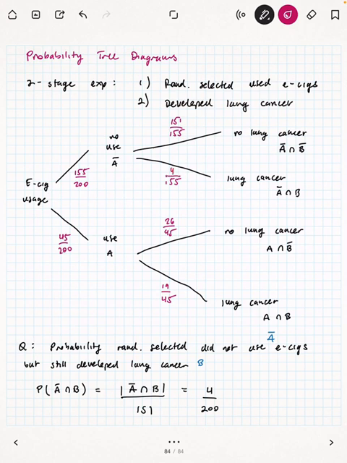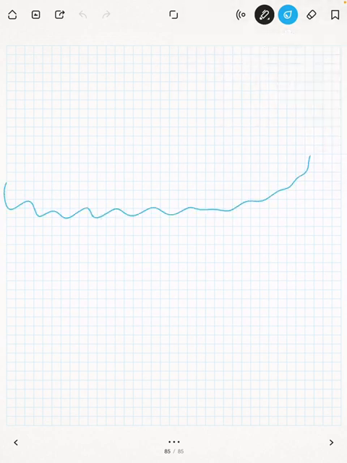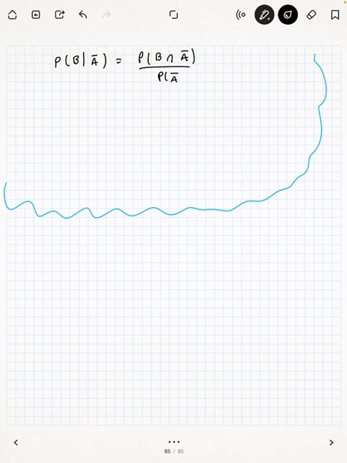So as an aside, can we use it that way? Well, remember, so this is a thought bubble. Remember that the probability of B given A bar is the probability of B intersection A bar divided by the probability of A bar.